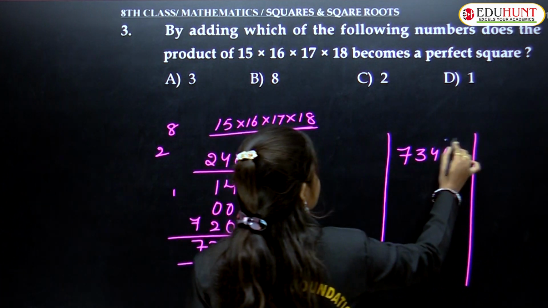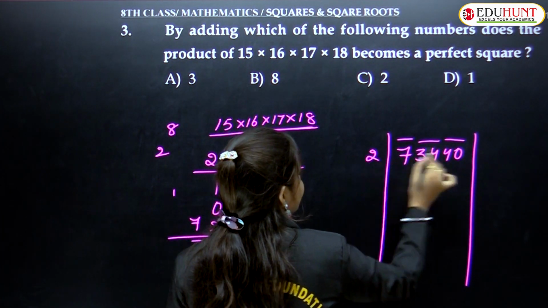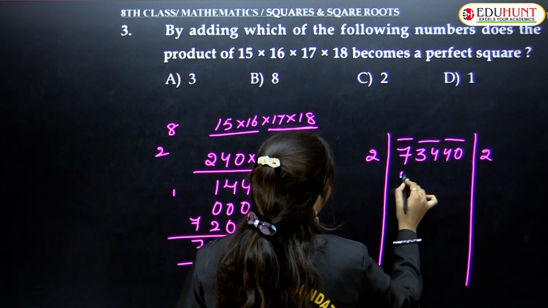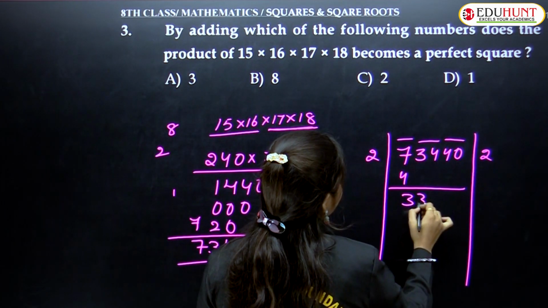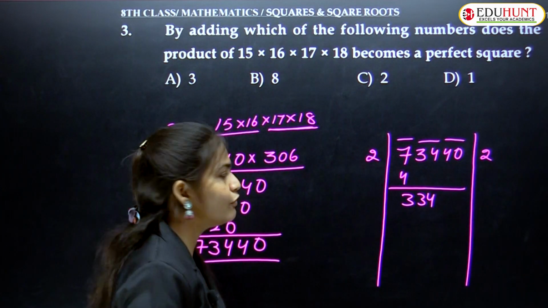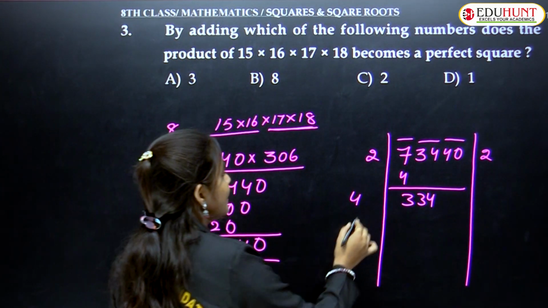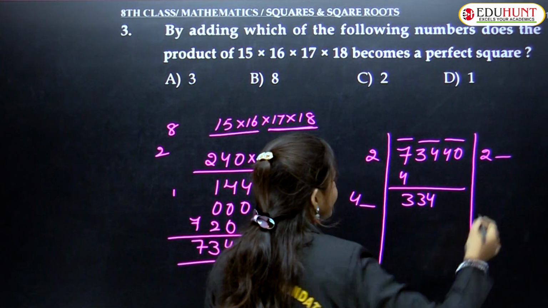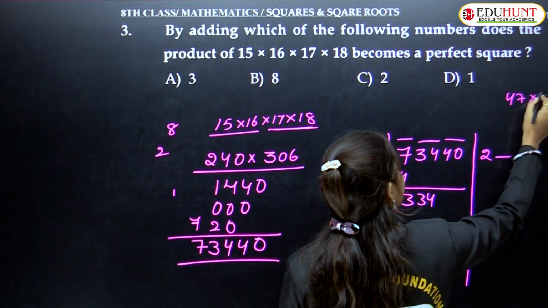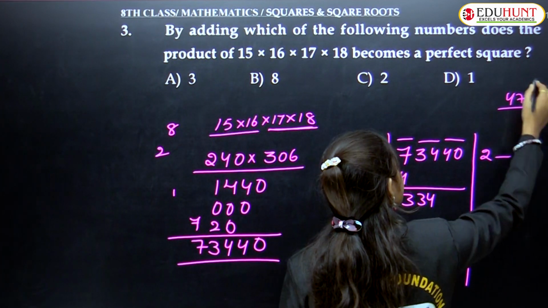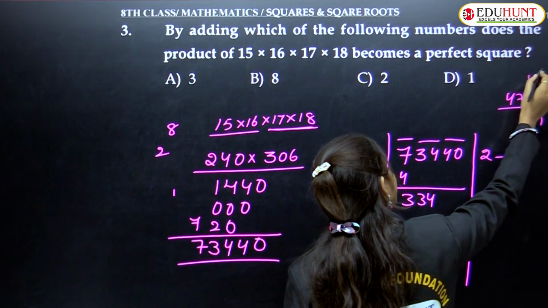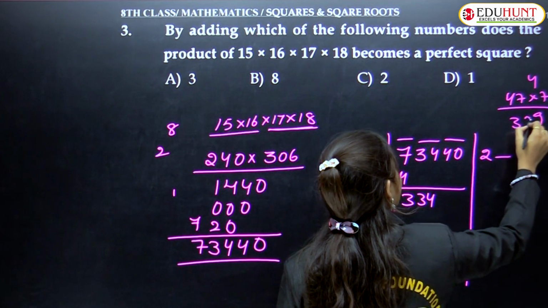Let us take that. Here the nearest value is 2 twos are 4, so 334. Double of 2 is 4, and the same number we should write here, no? So 47 into 7, better to check. 7 sevens are 49, 7 fours are 28, 28 plus 4 is 329.